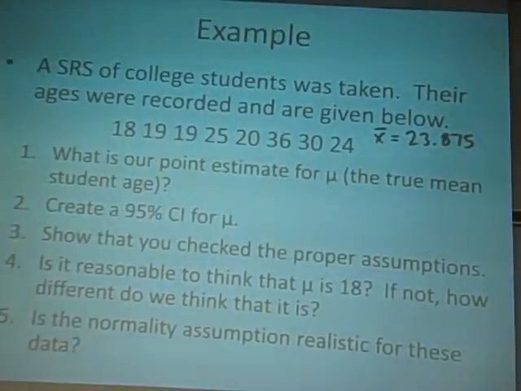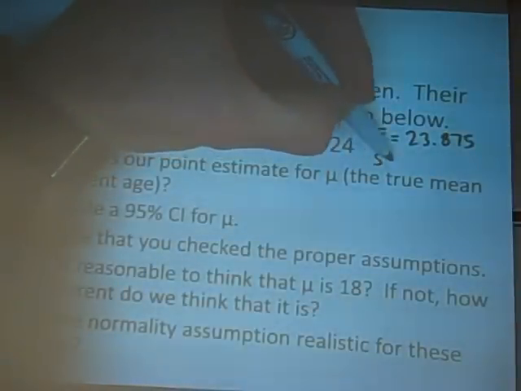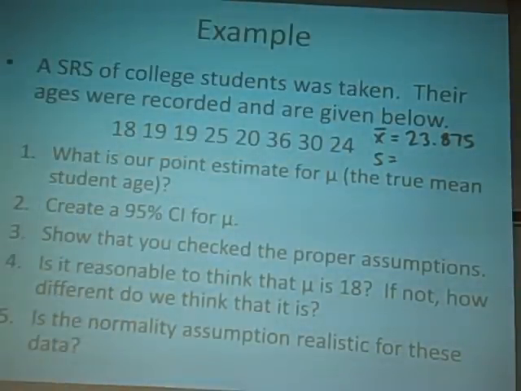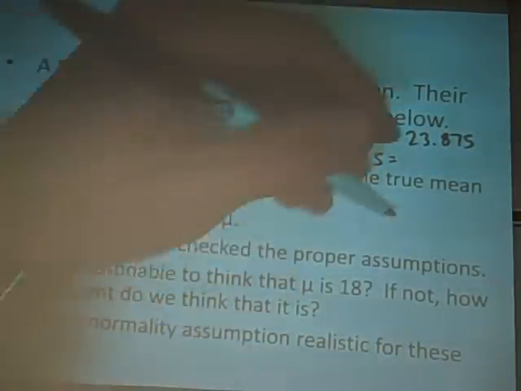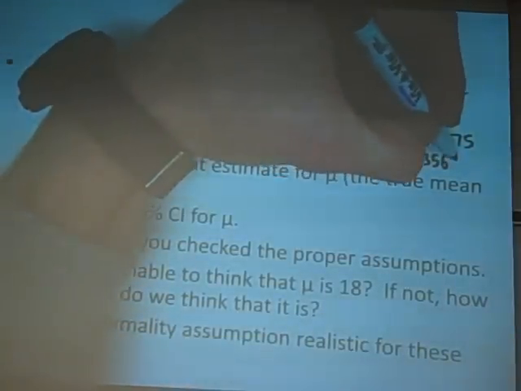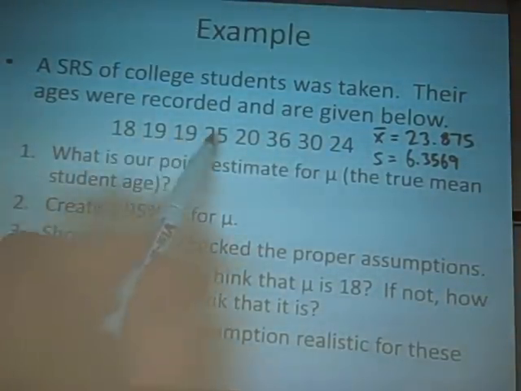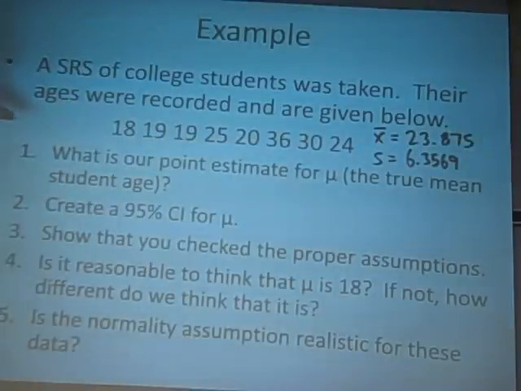If you're having trouble getting those, I can help you. The standard deviation of those values is 6.3569. And there's 1, 2, 3, 4, 5, 6, 7, 8 of them, so n is equal to 8, isn't it? So how'd you get the s?